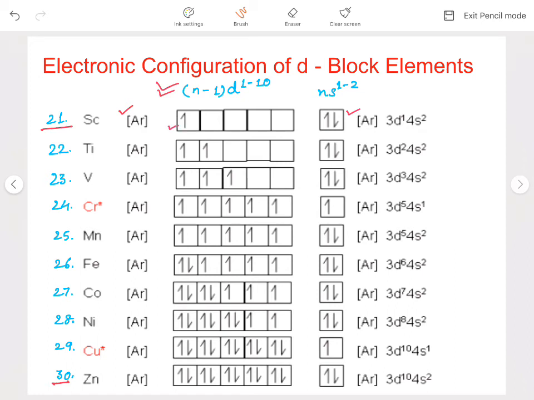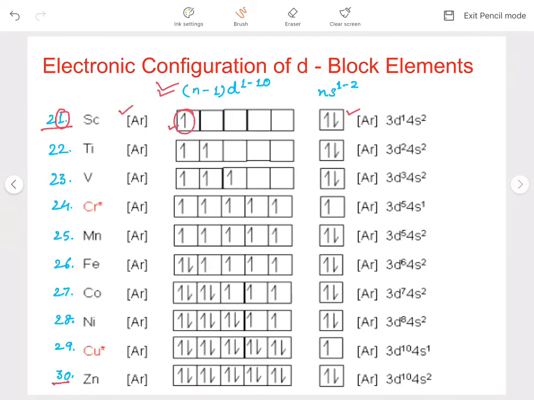The 4s is filled earlier, and then 3d is filled. This you know, the Aufbau principle. You can see here the units place of their atomic number is the number of electrons present in the d subshell.